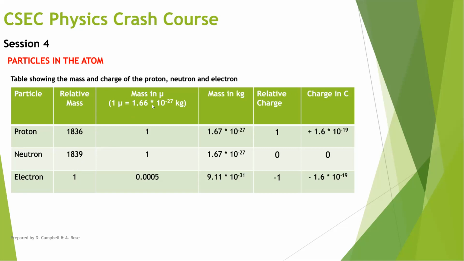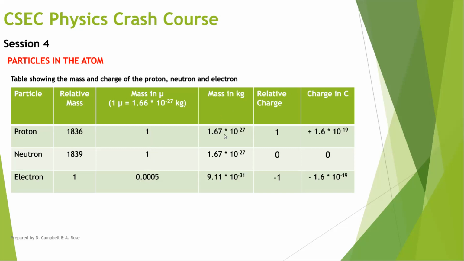In atomic mass units, the mass of the proton is 1, the neutron is 1 as well. They're roughly the same. But the electron would be 5 over 10,000, in terms of its mass compared to the proton and neutron. So the electron is very, very light compared to the other 2 particles.